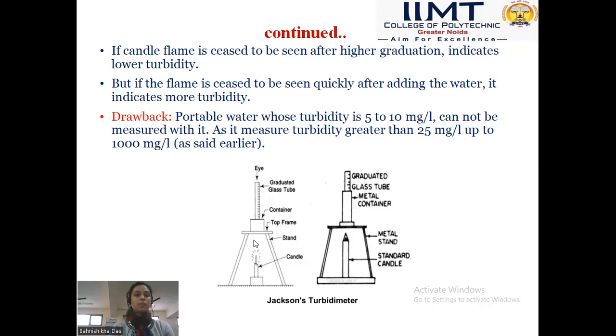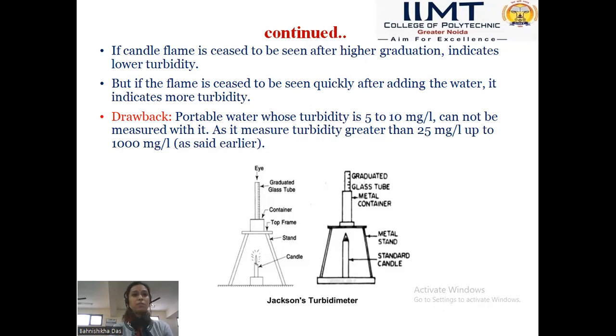That is because the suspended particles present in the water scatter the light rays coming from the candle, so they do not reach our eyes and we are not able to see the flame. So the principle of measurement in Jackson's turbidity meter is the scattering of light.